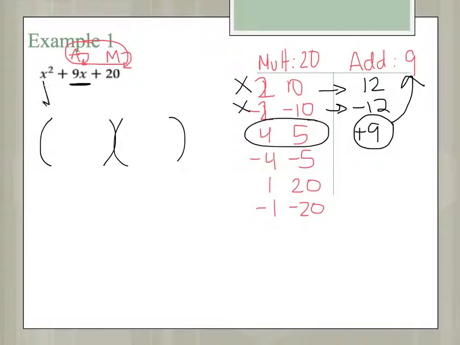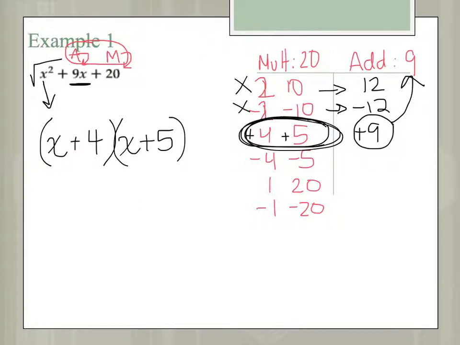I take the square root of x squared, which is just x, and put it in the first position. Now I take these two numbers, 4 and 5, with their signs, a positive 4 and a positive 5, and stick them next to the x. And that is the factored version of x squared plus 9x plus 20.